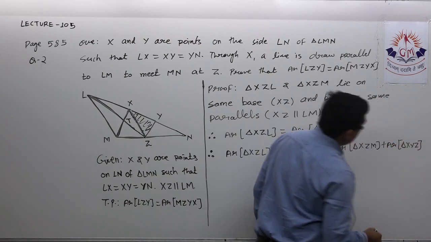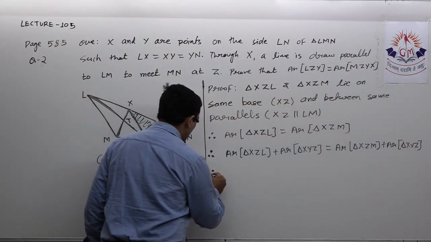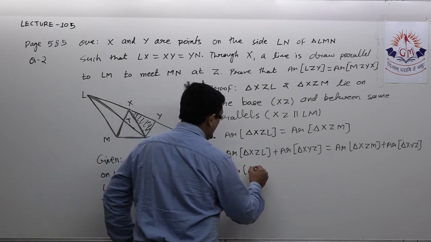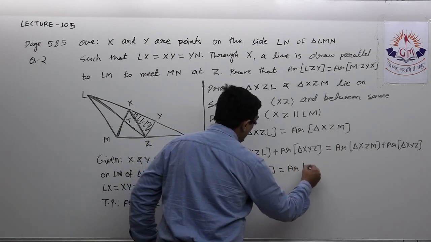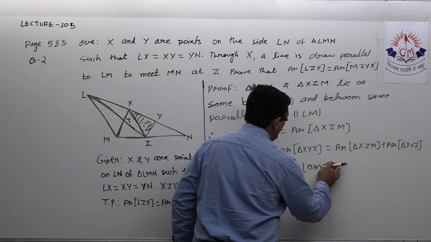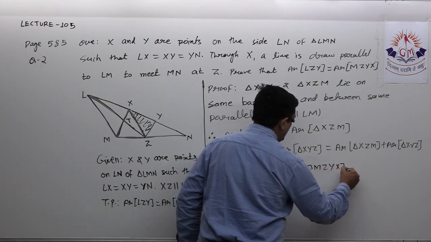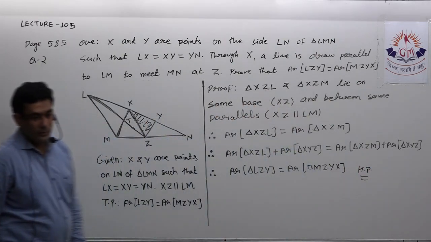I added the area of triangle XYZ on both sides. So what I will get? I will get area of triangle LZY is equal to area of quadrilateral MZYX. Hence proved. Okay, so please note it down.